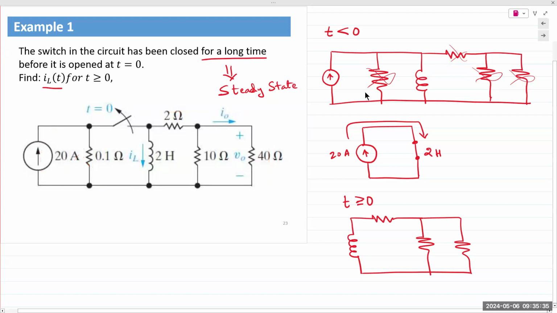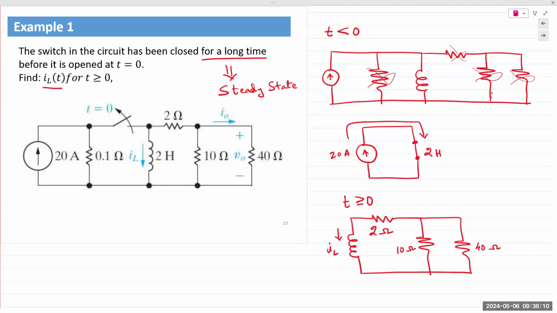So the circuit is now changed. We are drawing two different circuit diagrams before and after the switch is flipped. Two different circuits. The reference direction for IL is given to us. We stick with that same direction. We don't change it. 2 ohms, 10 ohms, and 40 ohms.